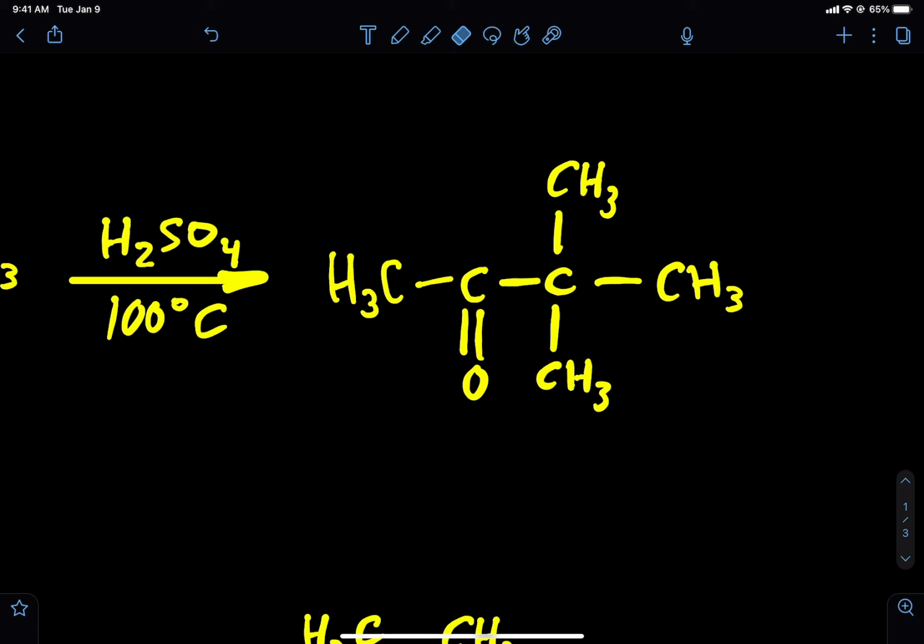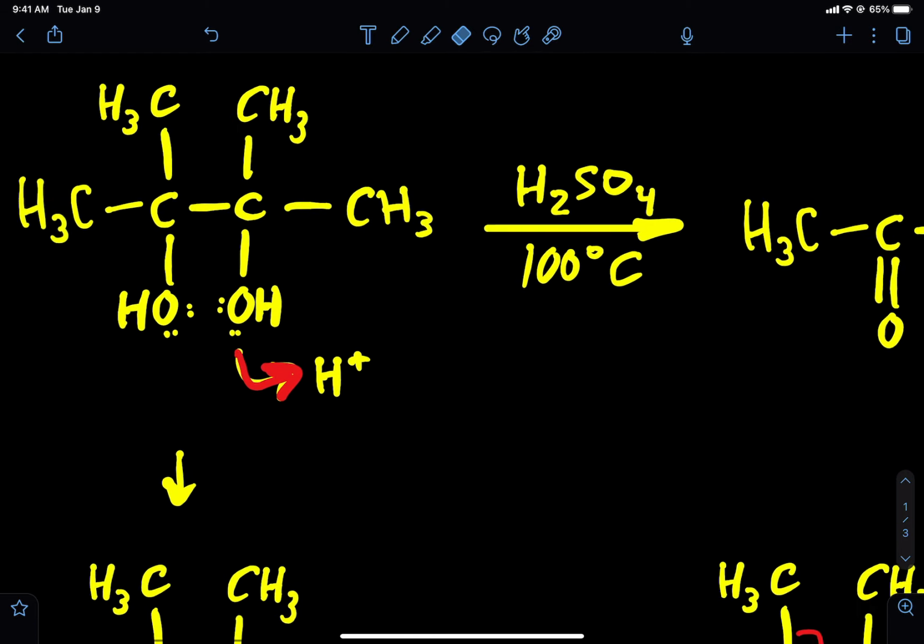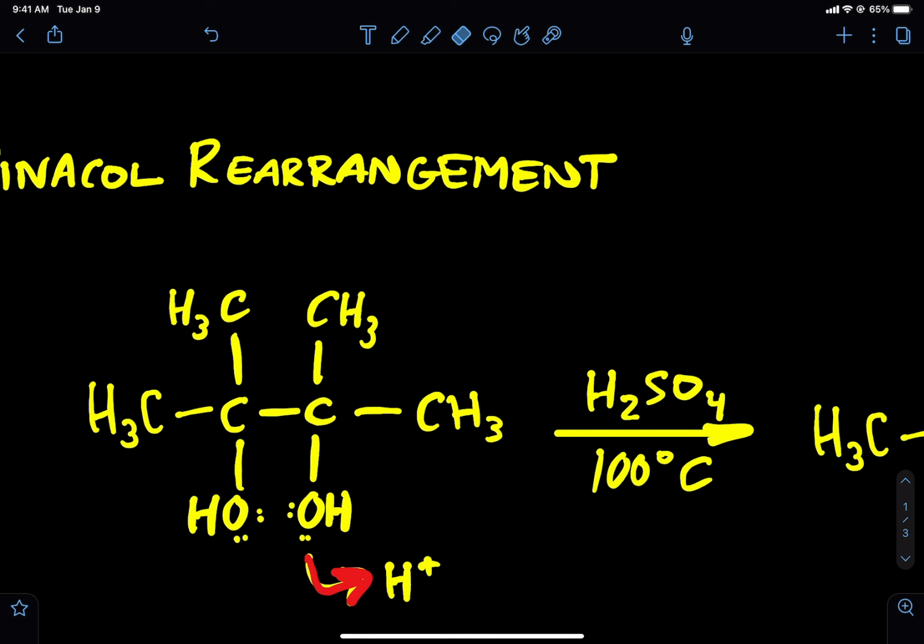Thinking about this from a retrosynthetic perspective, if your goal is to have a carbonyl, like a ketone, adjacent to a quaternary carbon, you can achieve that pattern by starting with the corresponding glycol and then undergoing the pinacol rearrangement using conditions as acid and 100 degrees Celsius.